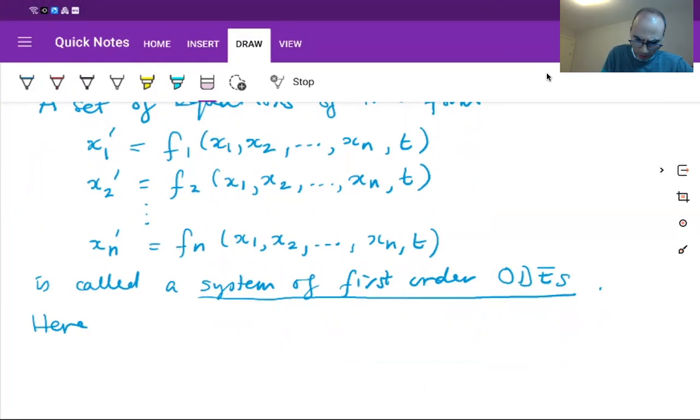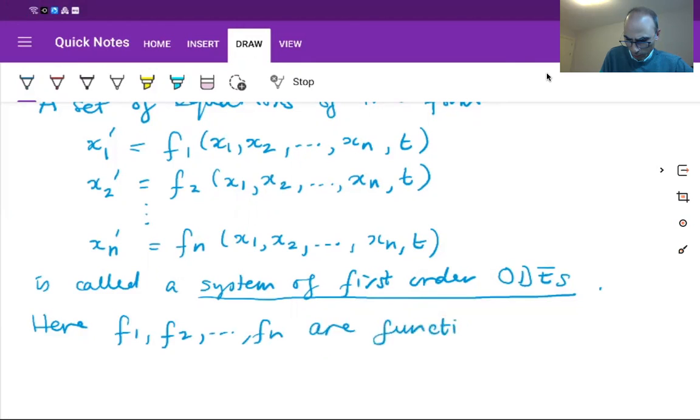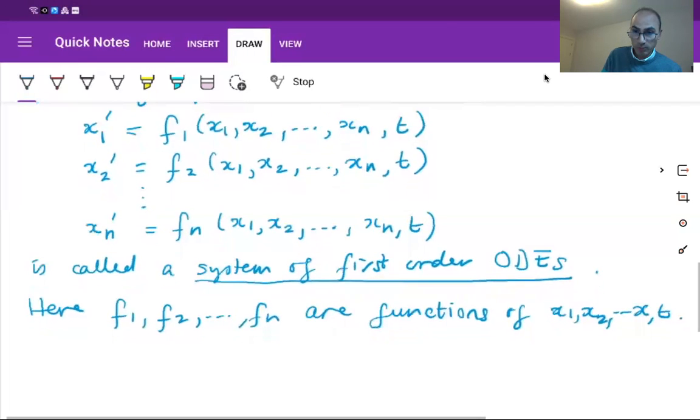So here, f1, f2 up to fn are functions of x1, x2 up to xn and t. So that's a system of first order ODEs. So let me give you a quick example.